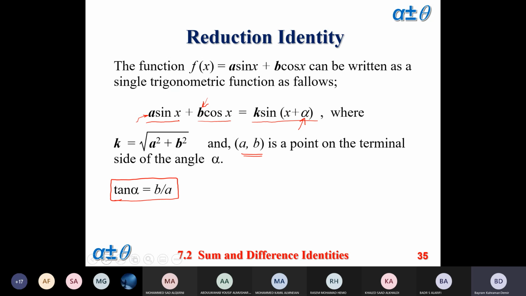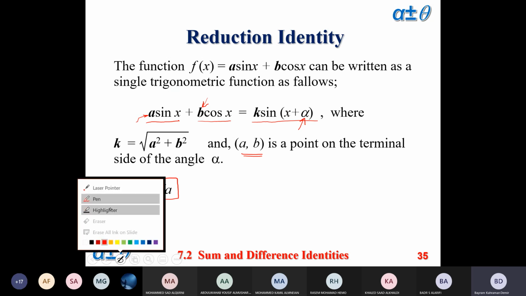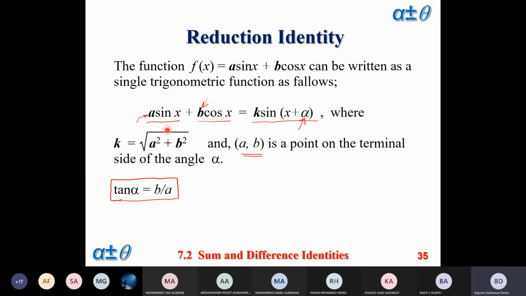Okay, here is our famous reduction identity, the reduction formula, which reduces the number of functions into one function. That's why we call it reduction. You see, we have a sum of two functions, a times sine x plus b times cosine x.